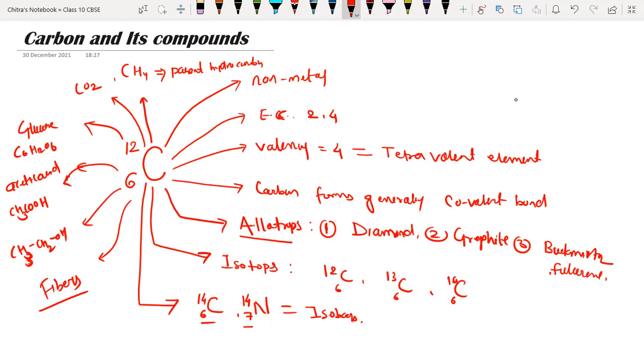So this is only a small introduction about carbon. Carbon is really a versatile element. It has the catenation property, in which carbon can form covalent bonds with other carbon atoms to form a long range of compounds. I want you to take a screenshot of that, everyone.